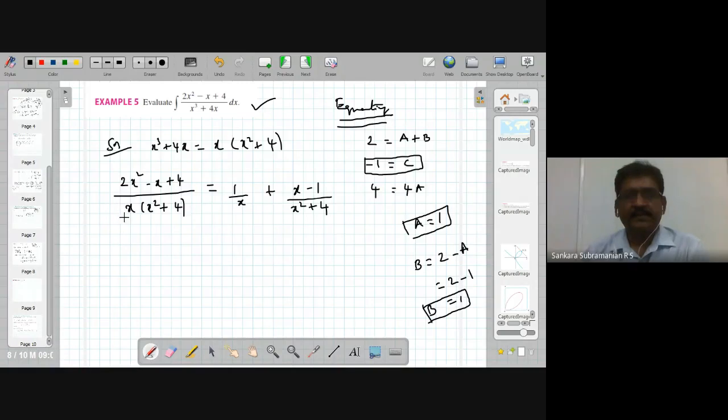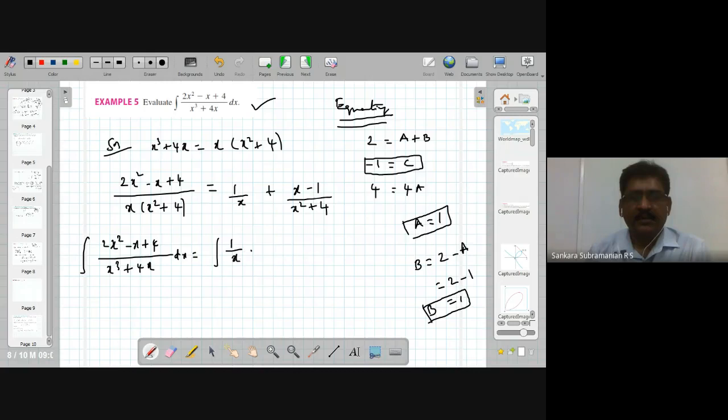So integrating integral of 2x square minus x plus 4 divided by x cube plus 4x dx. This is nothing but integral of 1 by x dx plus integral of x minus 1 by x square plus 4 dx.